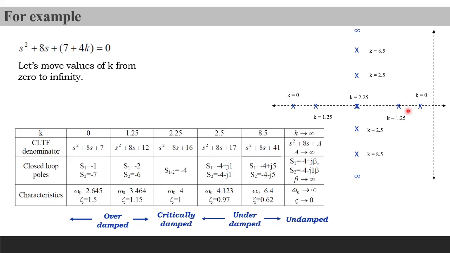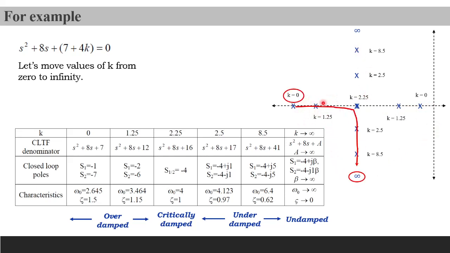So by changing the values of k, we can see that the location of the poles is continuously changing and they are tracing a path. We can identify that this pole, which started from the very left, moves towards negative infinity, and this pole starts from the right and moves up. So we can trace two paths like this.